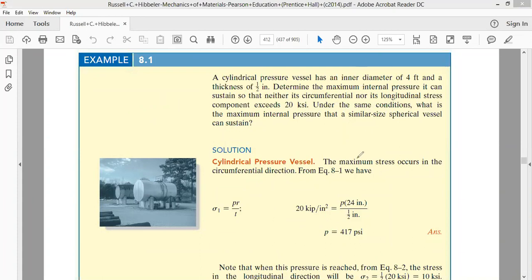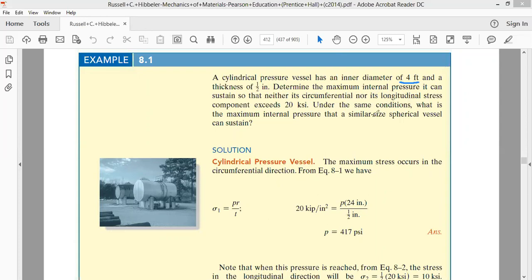This question is composed of two parts. First we will do the cylindrical part: a cylindrical pressure vessel with a diameter of 4 feet and a thickness of 0.5 inch.